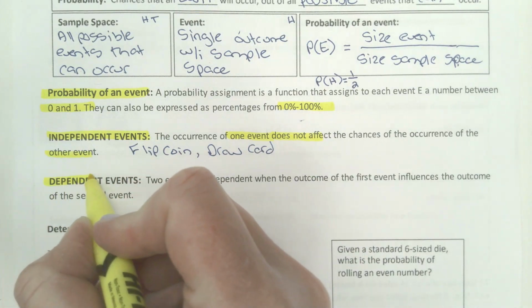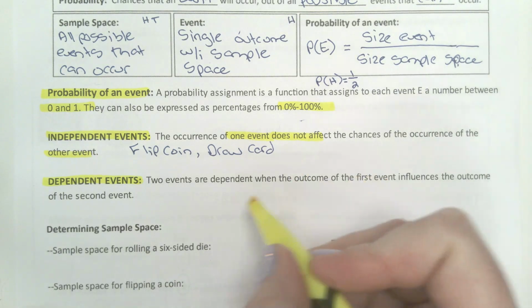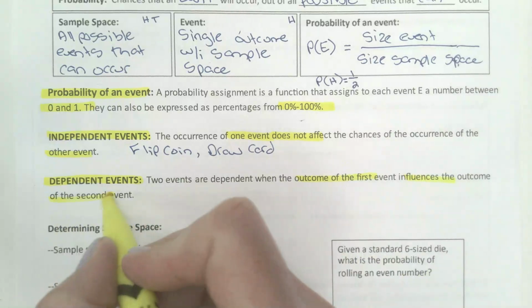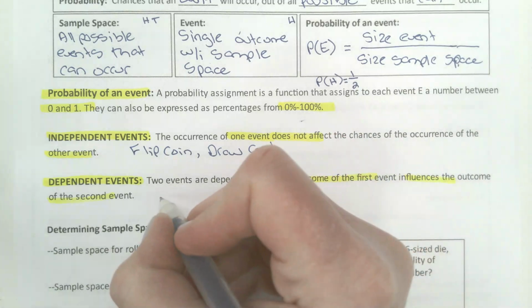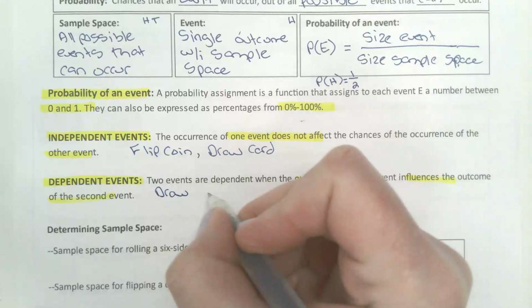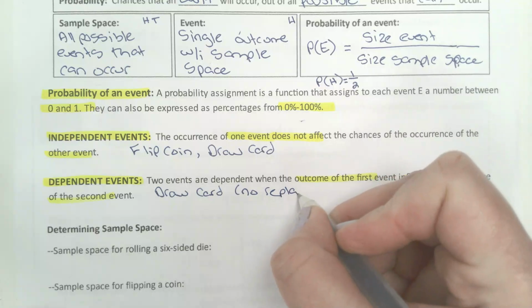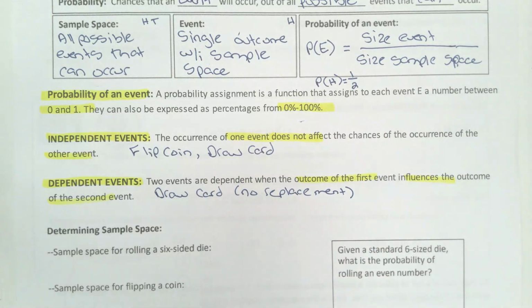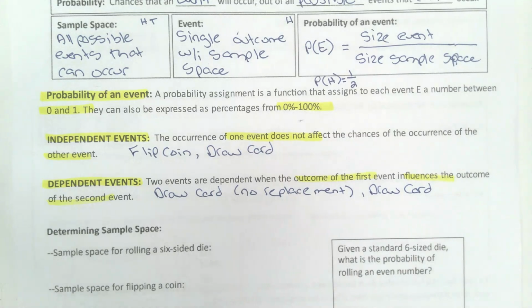The other kind of event is called a dependent event. This is when the outcome of the first influences the outcome of the second. This would be like, I draw a card, I don't put it back, therefore no replacement, and then you draw another card.